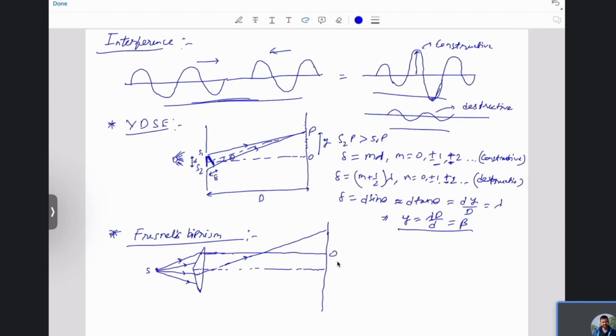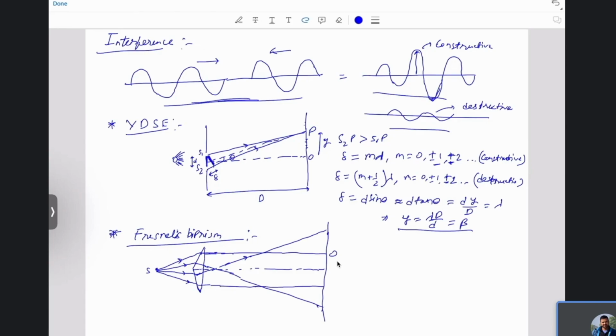Then this one will deviate like this and go somewhere here, and this will become parallel to the axis.